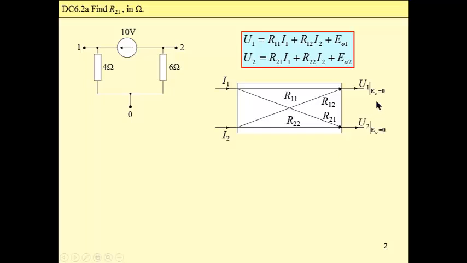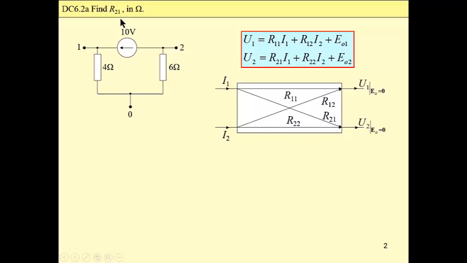So this is our circuit. In a block diagram we have two inputs, two outputs, and then, after killing the source, four resistances describing this circuit. Actually 3, because R12 is equal to R21.